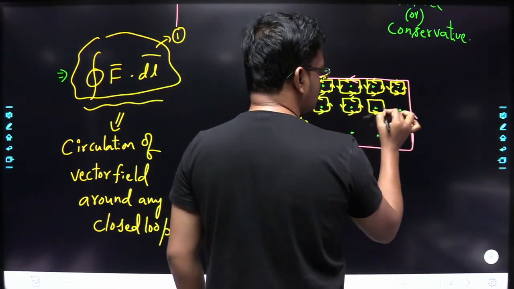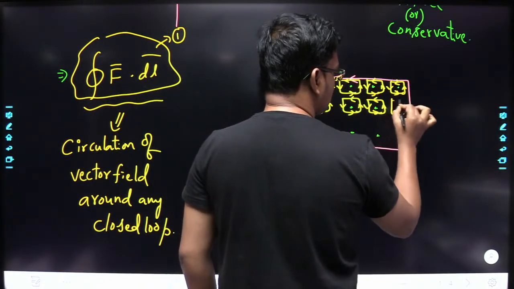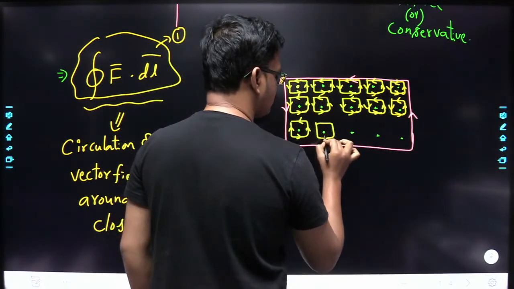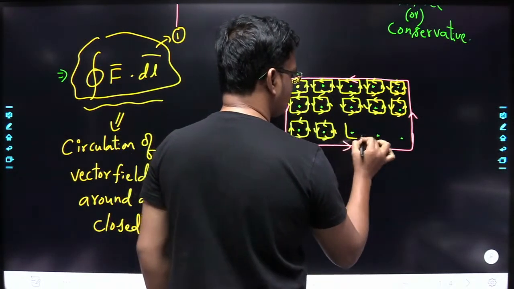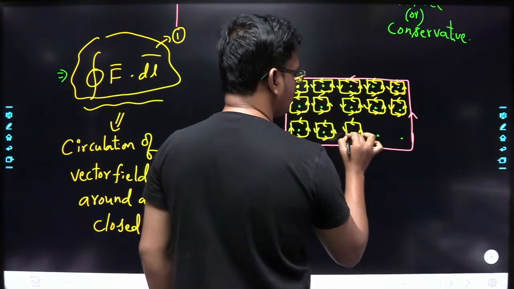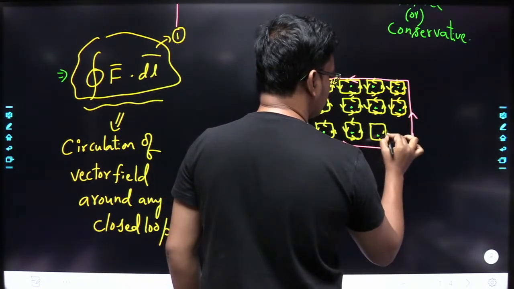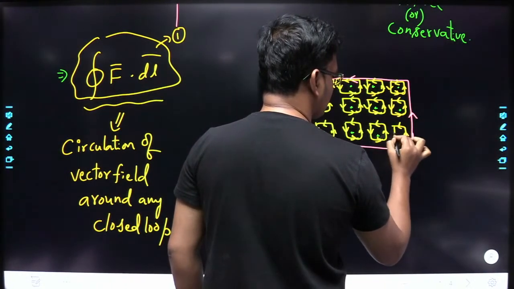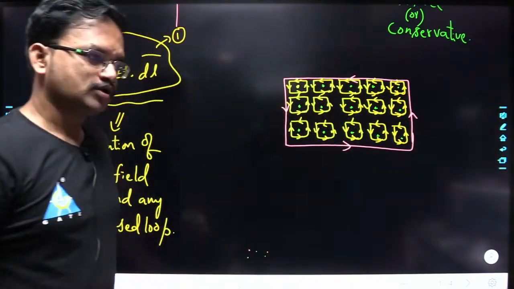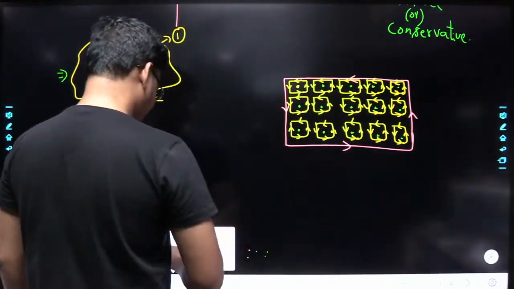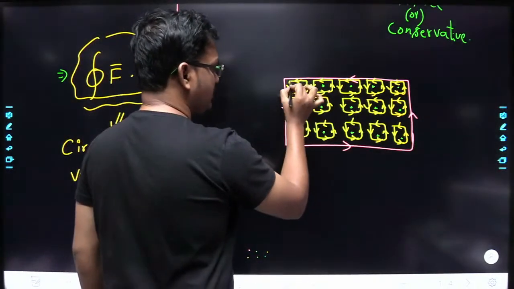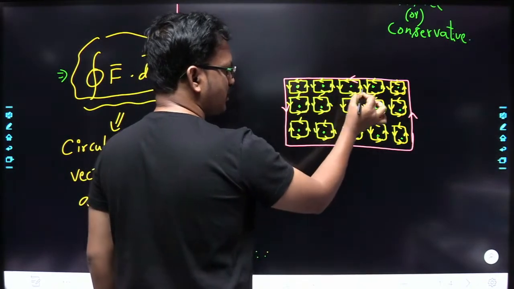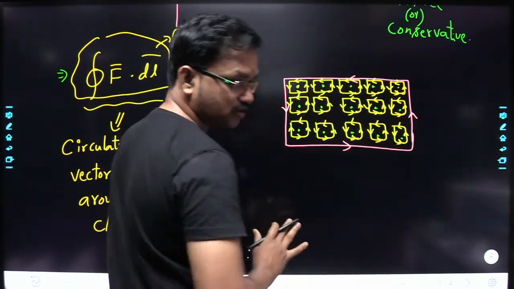Here this is the circulating field about this source point, and so on.